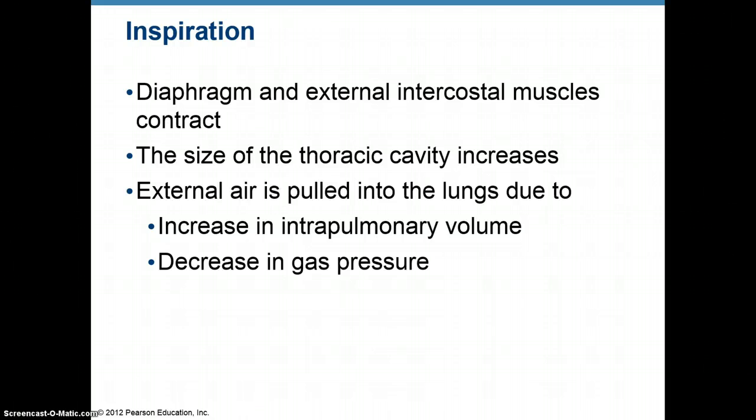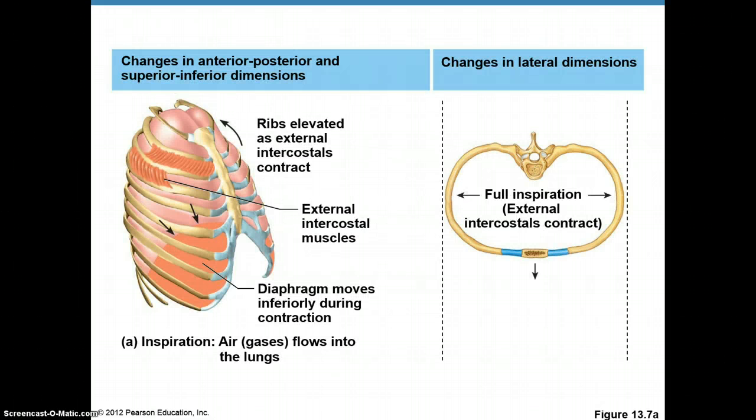Okay, so external air is pulled into the lungs, and this is because of the increase in intrapulmonary volume, because now you're contracting your diaphragm, and at the same time, it's decreasing the gas pressure inside. Okay, so when this happens, you are inhaling. Okay, so here we go.